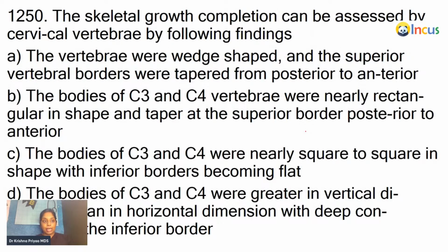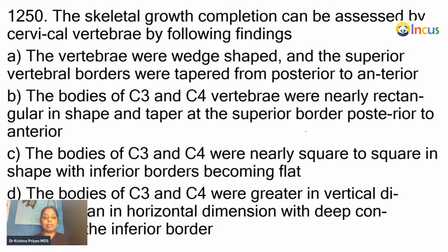Skeletal growth completion can be assessed by the cervical vertebra by the following findings. Let's see what it is. A: the vertebrae were wedge-shaped and the superior vertebral borders were tapered from posterior to anterior. B: the bodies of C3 and C4 vertebrae were nearly rectangular in shape and tapered at the superior border from posterior to anterior. They just taper like this.